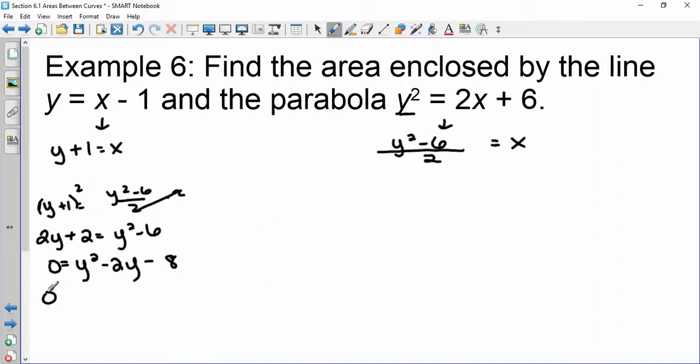So what multiplies to negative 8 and adds to negative 2? So y is positive 4 and negative 2.